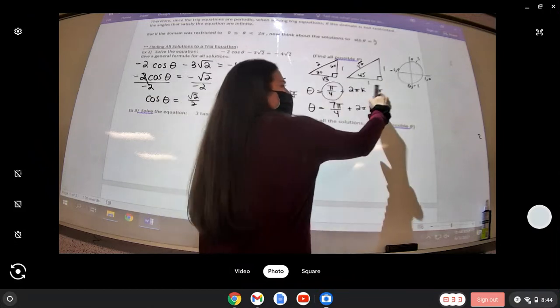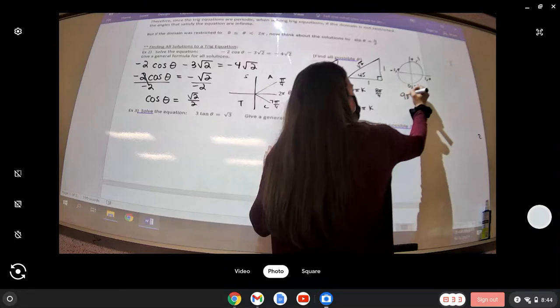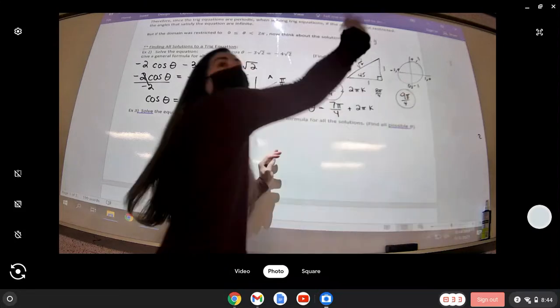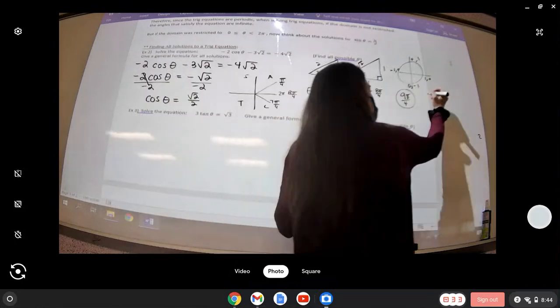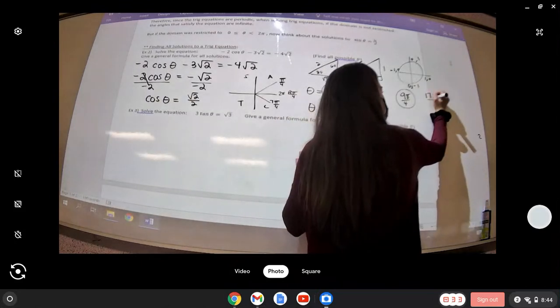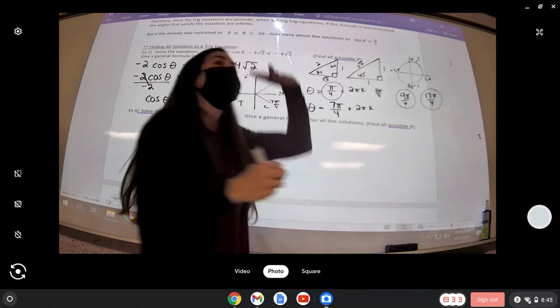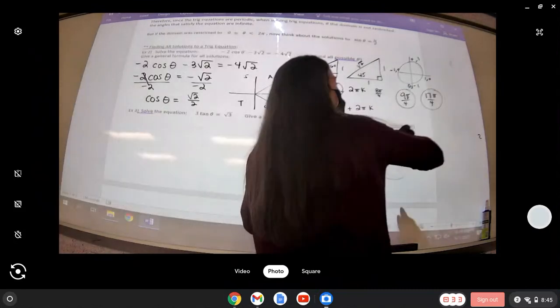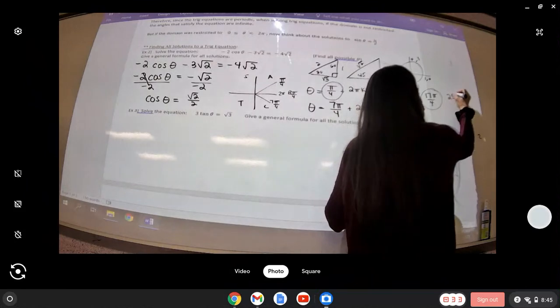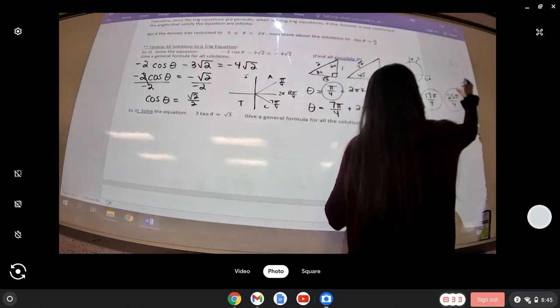So 1 pi over 4 plus 8 pi over 4 is 9 pi over 4. So that would be another answer because it's a period away from that. Add another 8 pi over 4 on, there's 17 pi over 4. There's another answer that you could list. Add another period on, add another 8 pi over 4, there's 25 pi over 4, right?